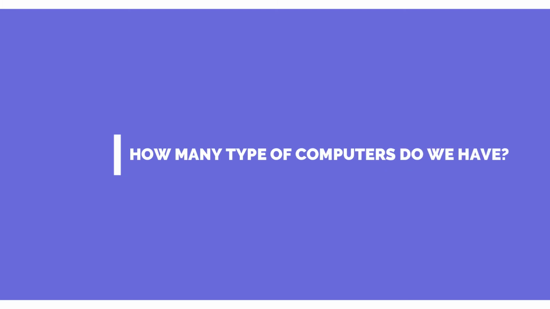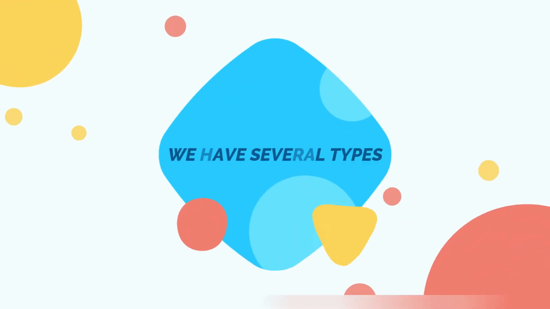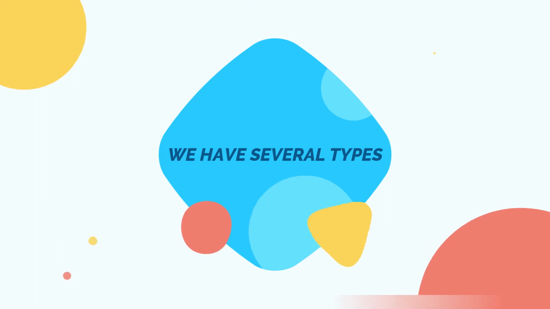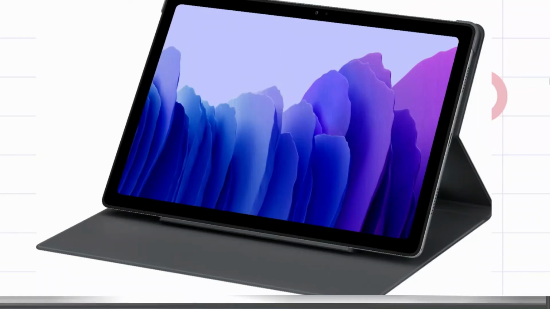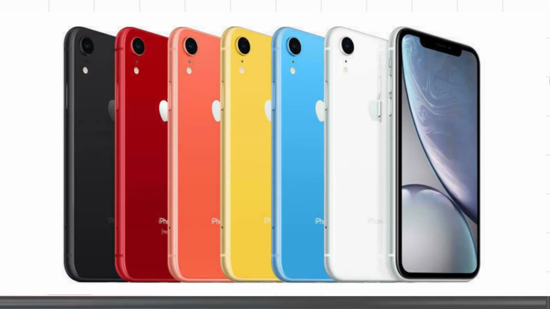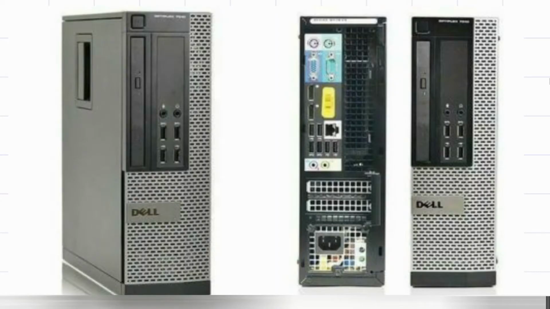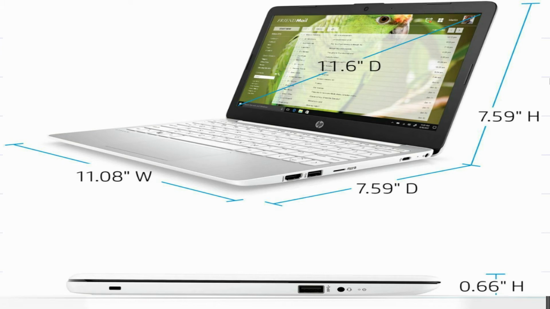How many types of computers do we have? We have several types: tablets, cell phones, PCs or personal computers, and different types of laptops.